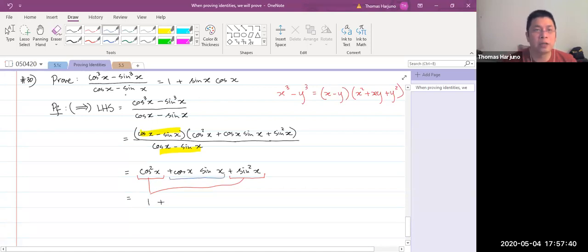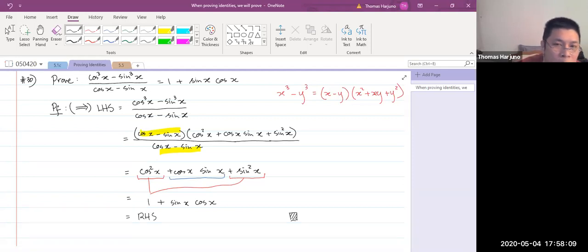Now what justifies us to reverse the multiplication here? Why is cosine sine equal to sine cosine? You need to remember that: commutative property. If you multiply two factors in a different order, it gives you the same product.